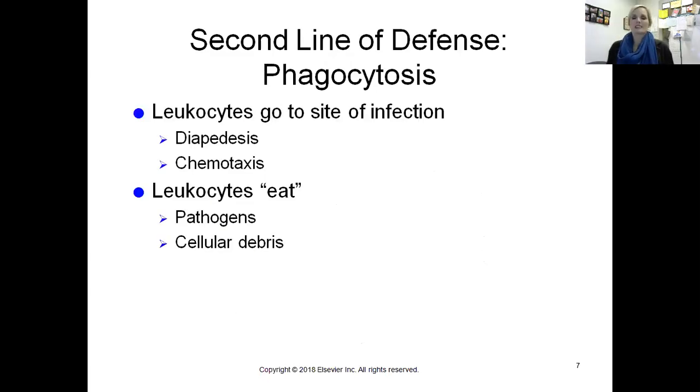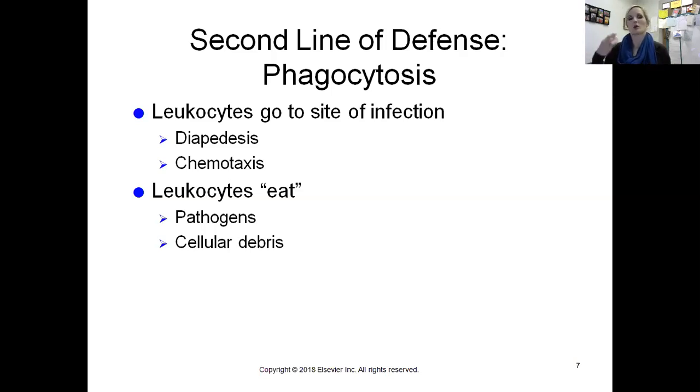So our second line of defense. The first line again, like I mentioned, is just our physical, mechanical and chemical barriers, just saying, hey, nothing that doesn't belong here, we're trying to keep that out. Like I said, nothing's getting through our skin unless it comes in through an opening. Within that opening, hopefully it then runs into some of those chemical barriers.